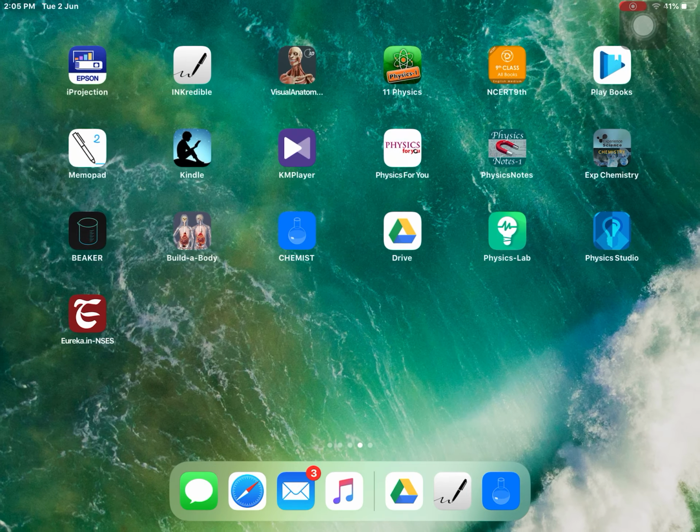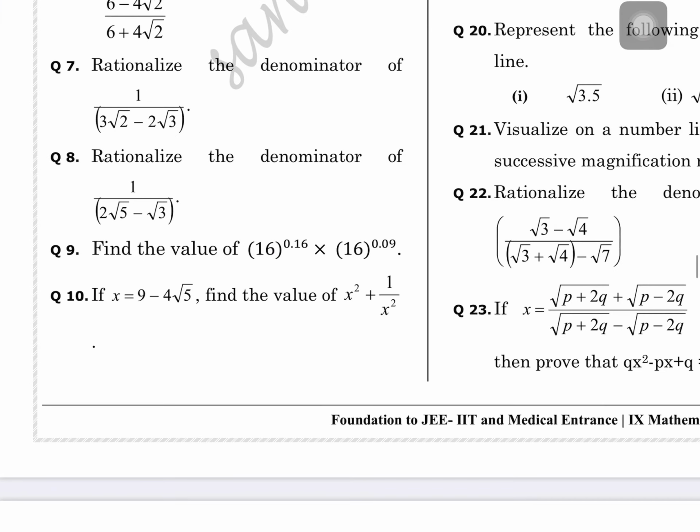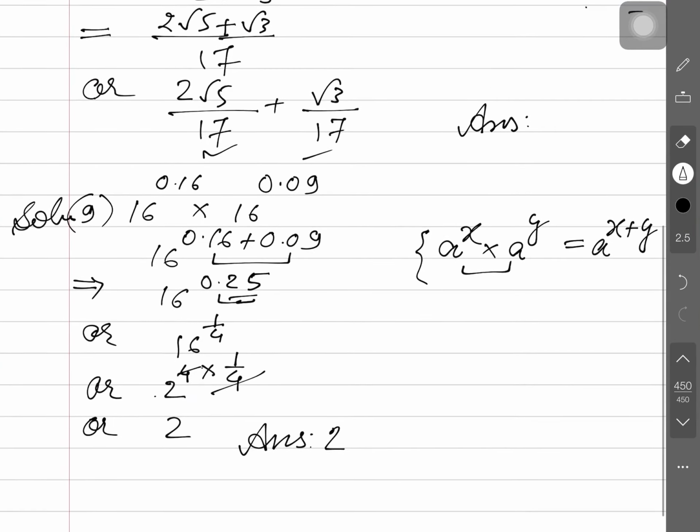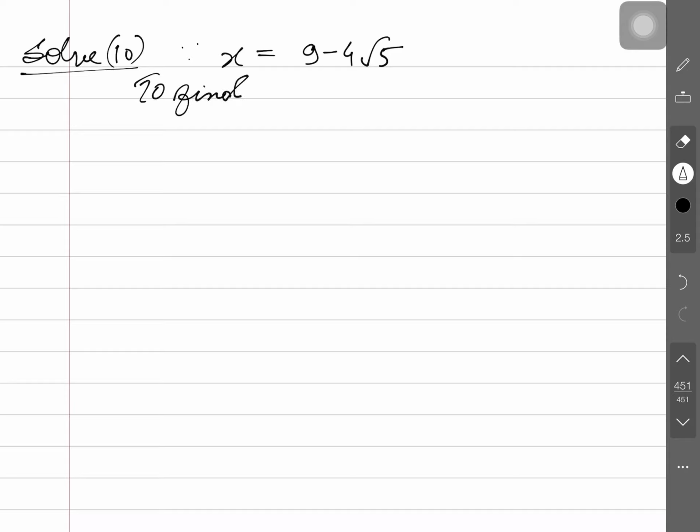Now, see the next question here. What is the next question? Now, a new variety of question has come. If x is 9 minus 4 root 5, and we have to find out what? x square plus 1 by x square.